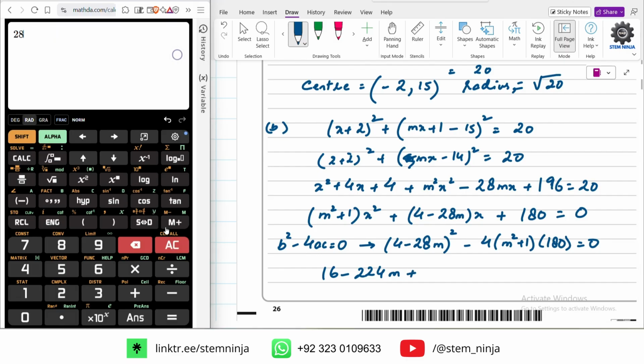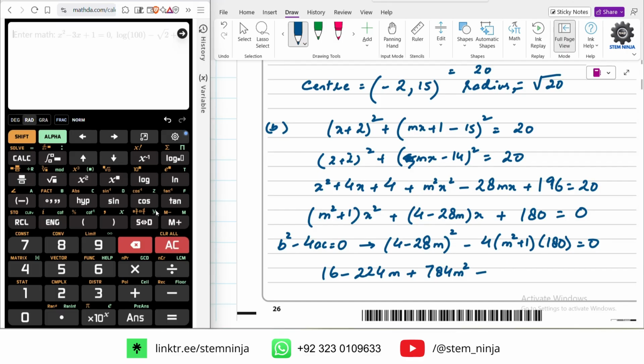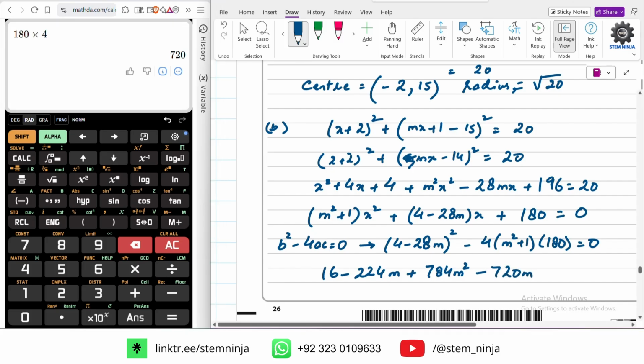So 16 minus 2 times 4 times 28 is 224m, plus 784m squared, minus 180 times 4, that is 720m squared, and then minus 720 equal to 0.